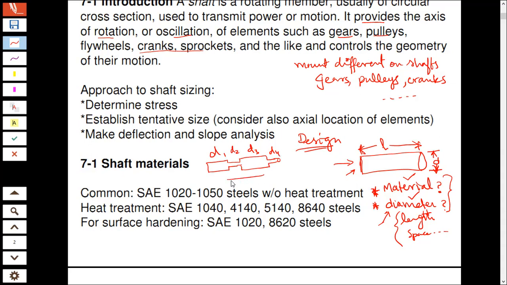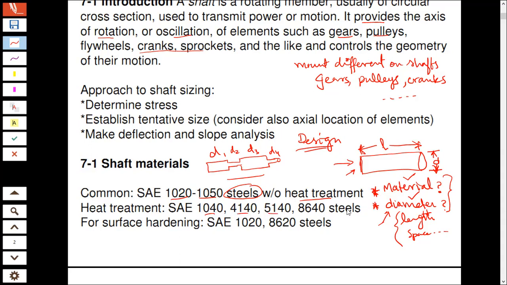As far as the material is concerned, the shaft material is generally steel. For example, SAE 1020 to 1050 steels without heat treatment. You can have heat treated shafts, SAE 1040, 4140, 50.